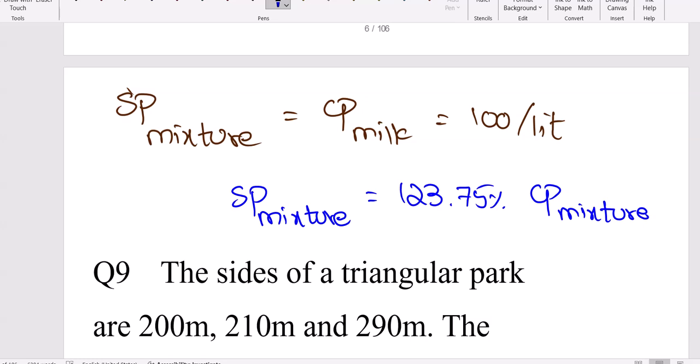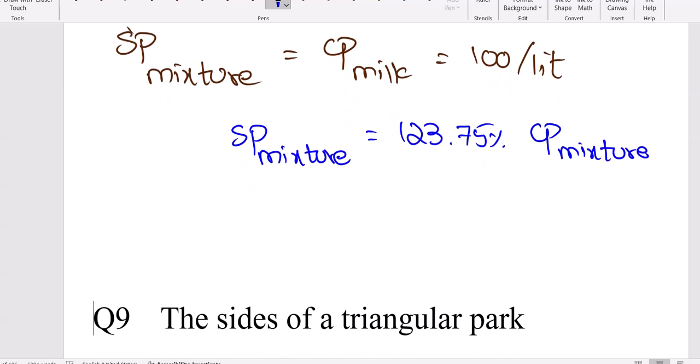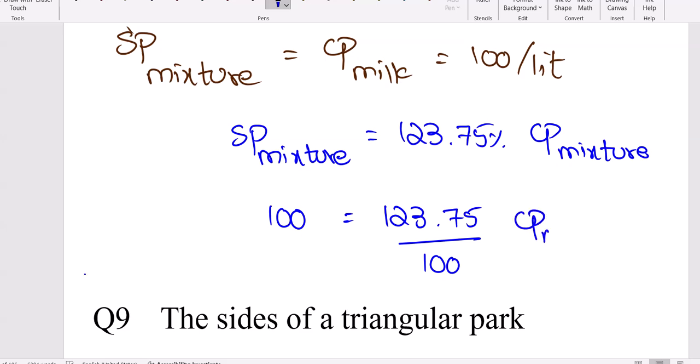If gain is 10%, selling price equals 110% of cost price. If gain is 5%, selling price equals 105% of cost price. Like that, we have to make the connection. Now, you know selling price. Can't you calculate cost price now? We know selling price, right? So, selling price is 100. This is 123.75 divided by 100. So, I want cost price, which is right now 10,000 divided by 123.75.